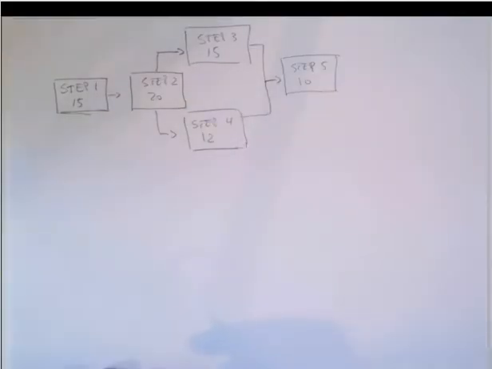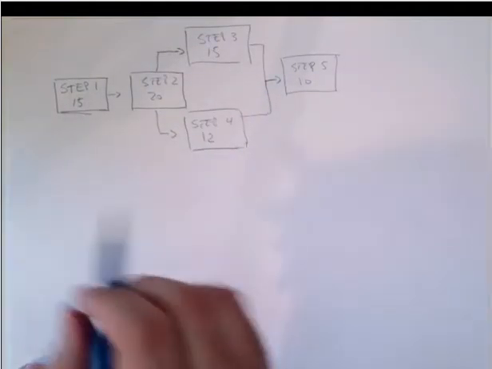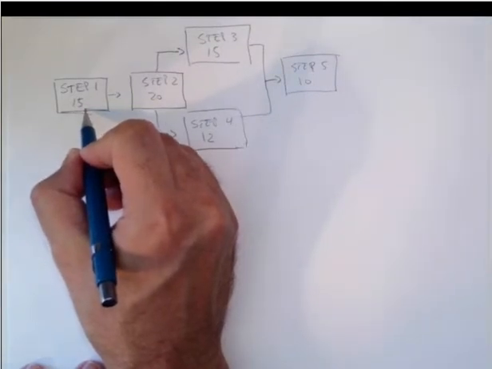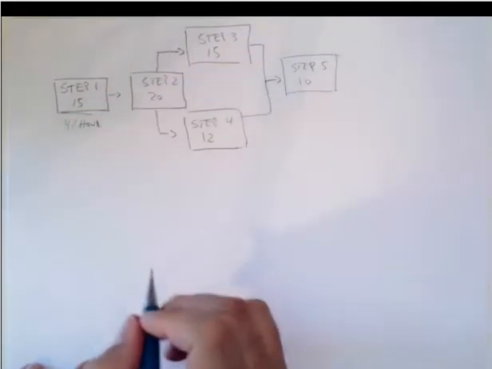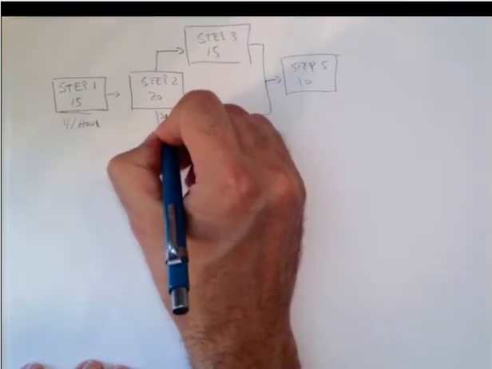So I just copied our problem onto a piece of paper to have the times here, and let's find out the capacity per hour. One every 15 minutes means 4 per hour. This one is one every 20 minutes, so that's 3 per hour.